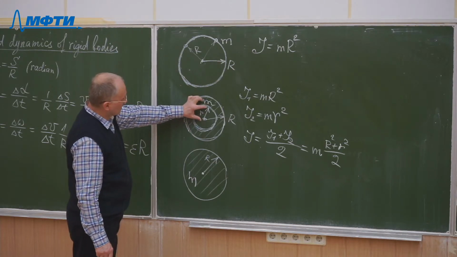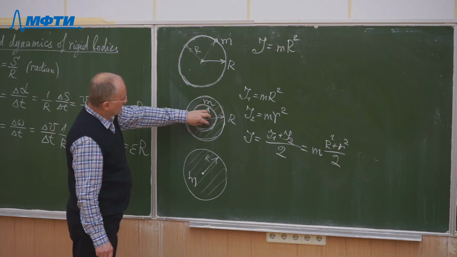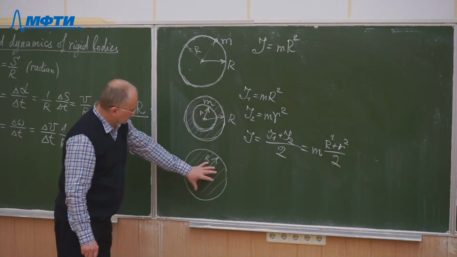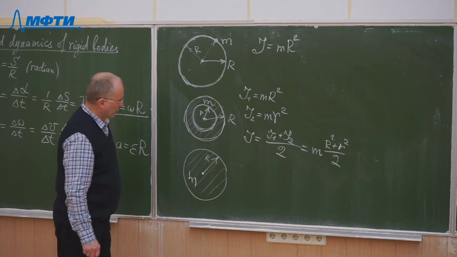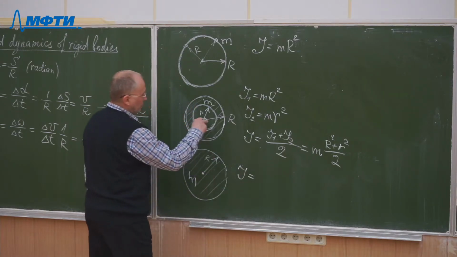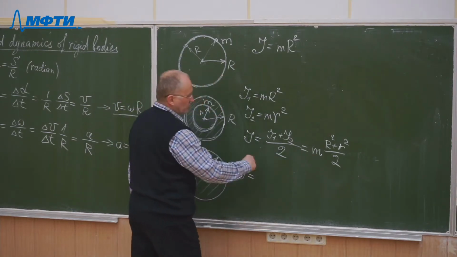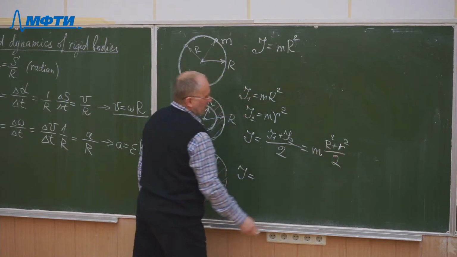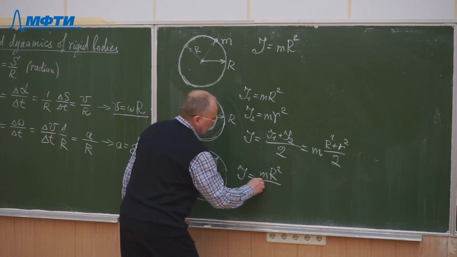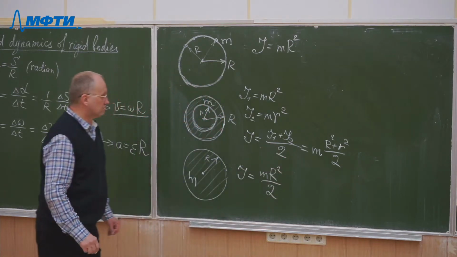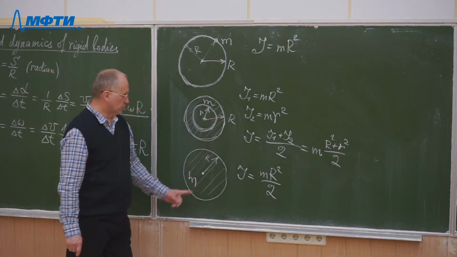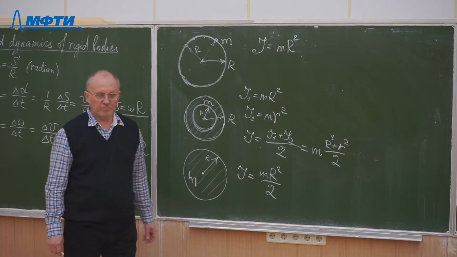If the small radius goes to 0, then this body will tend to coincide with such a cylinder. And therefore the moment of inertia of this cylinder can be obtained from this formula when small r is 0. So it will be mR squared over 2.